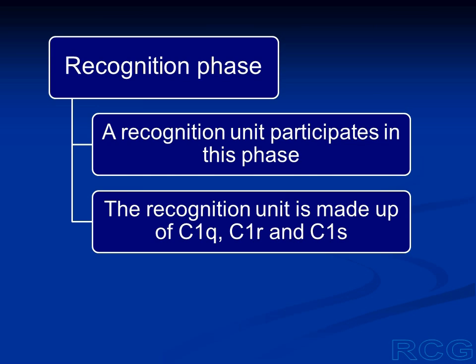In the recognition phase, which is the first phase, a recognition unit is made, and this recognition unit is made up of complement components C1Q, C1R, and C1S. In fact, complement component 1 is made up of these three subcomponents C1Q, C1R, and C1S, which are normally inactive.